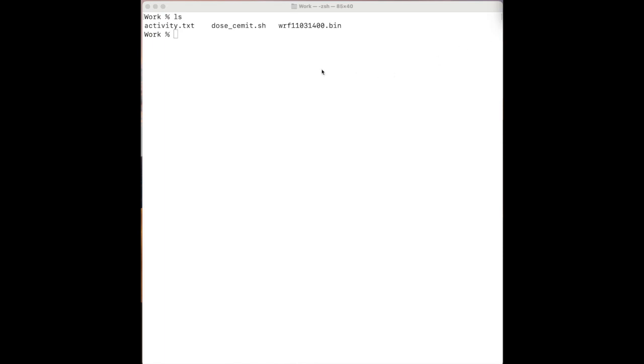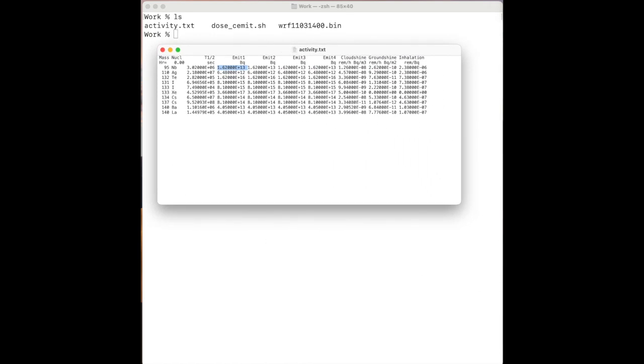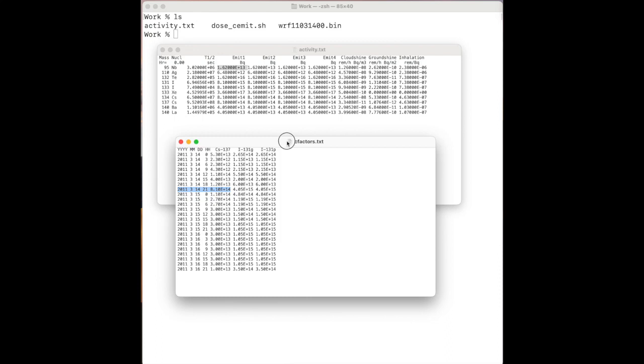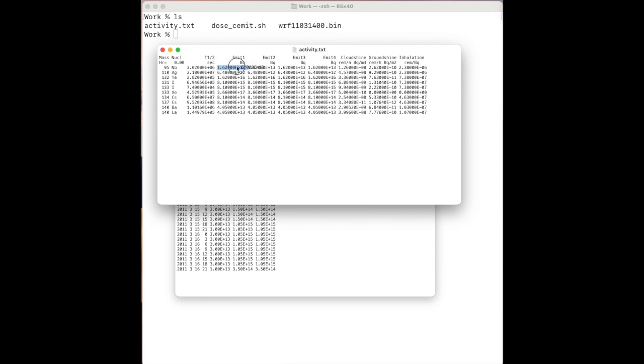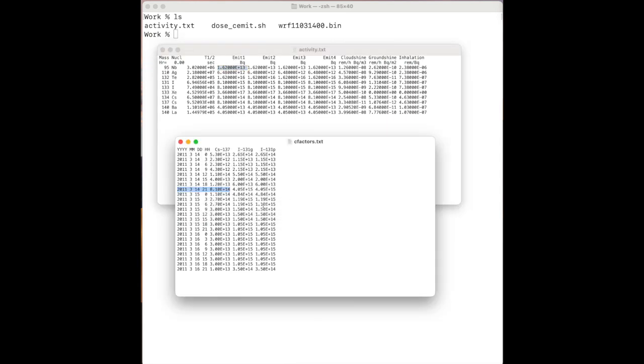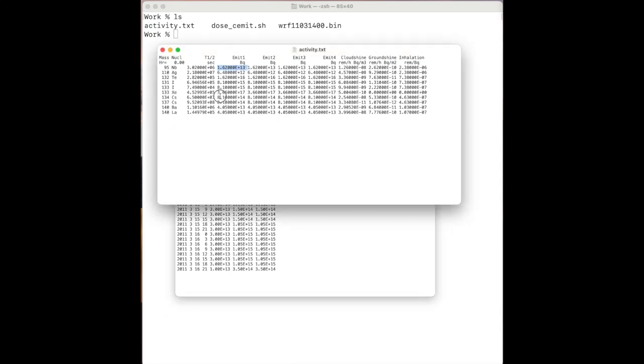Comparing the contents of activity.txt with the previous cfactors.txt file, you will find that the single emission rate value in activity.txt is the maximum rate found in the cfactors file. Therefore, the subsequent dose calculation will represent the maximum possible dose, not the most realistic option.